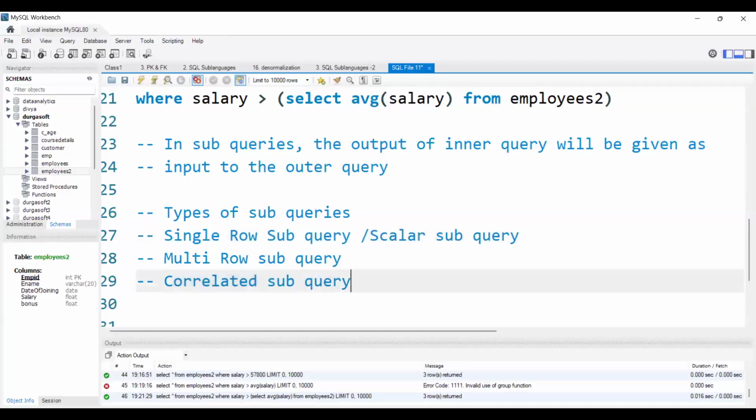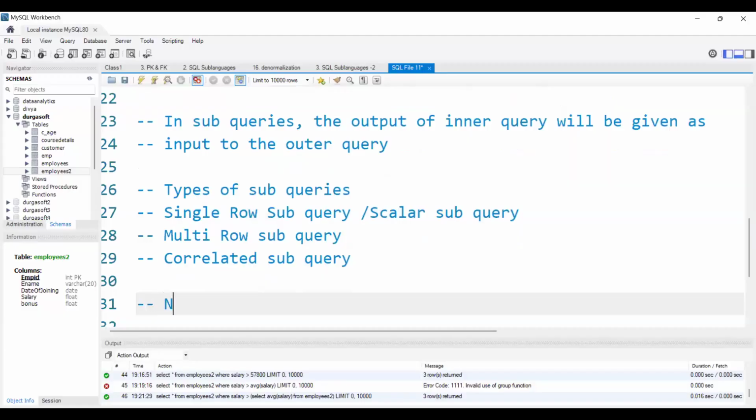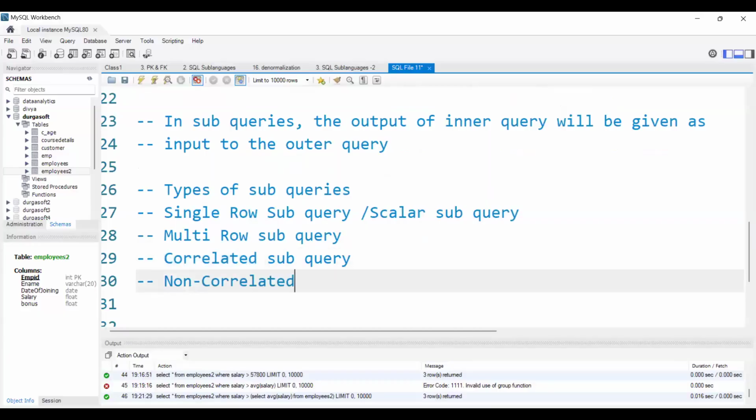Let's discuss each of these subqueries with examples. But you may also hear that we have something called non-correlated subqueries. You might have heard about this. What is a non-correlated subquery?